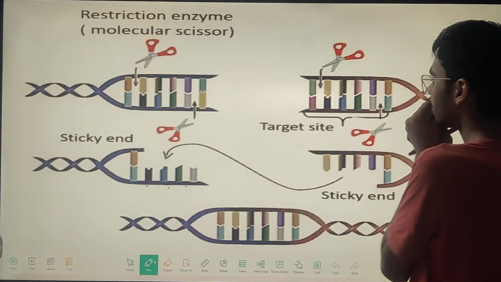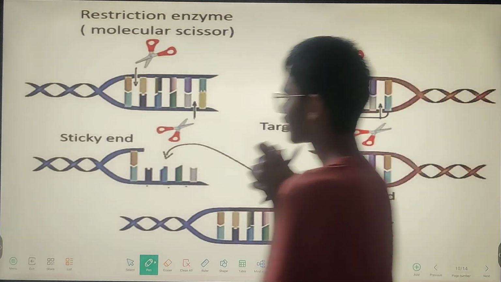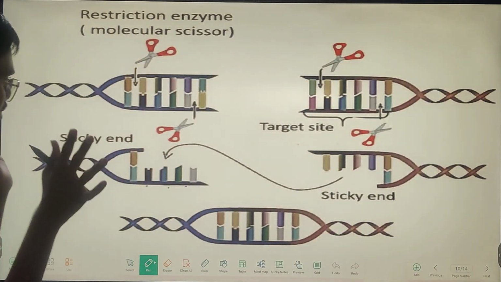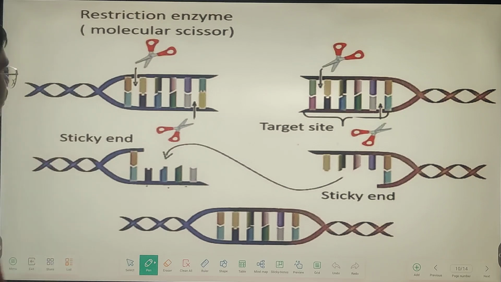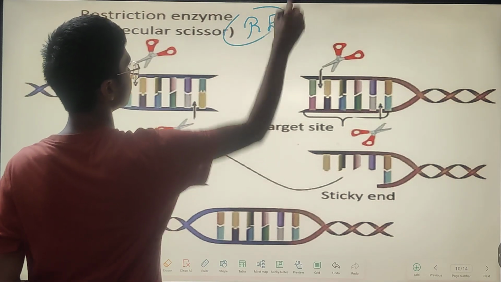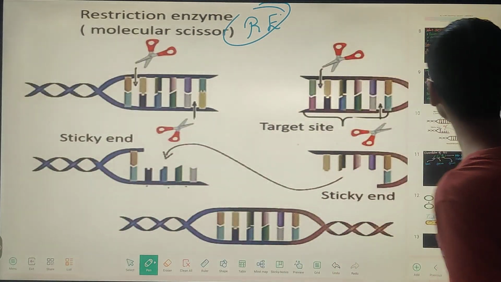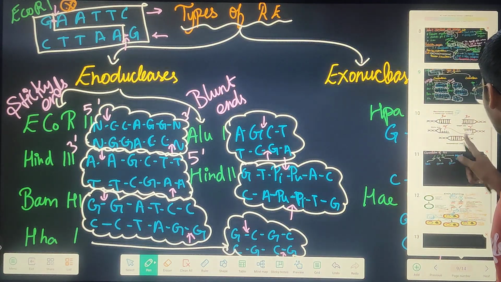Each color has its own meaning, I suppose, but we don't have that at all. Here this RE can be anything; it depends upon the sequence only. We will just be remembering GAATTC.